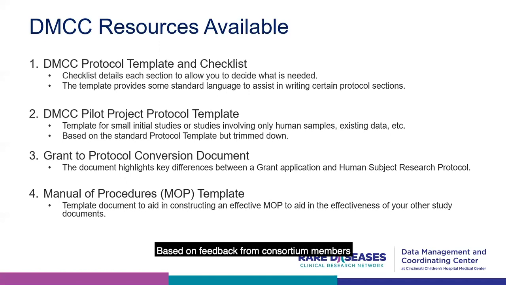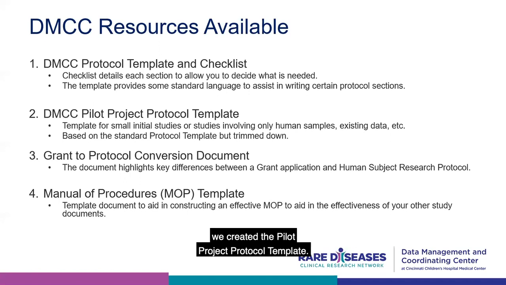This is both standard language and standard language that the DMCC would prefer to be in those sections. Based on feedback from consortium members, we created the pilot project protocol template. This is ideally for smaller initial studies or studies that involve only human samples or existing data. It's based on the standard protocol template, but has been significantly trimmed down in regard to which sections are present to make it more appropriate for these types of projects.